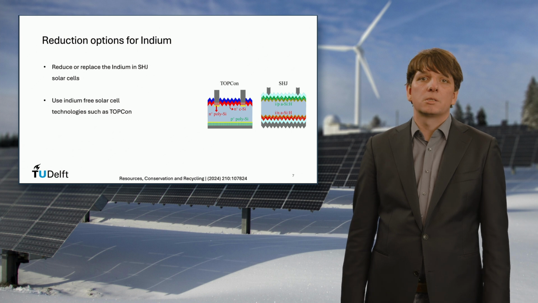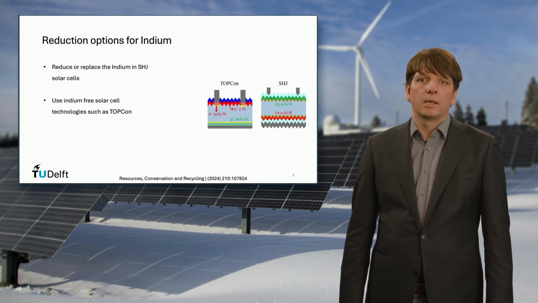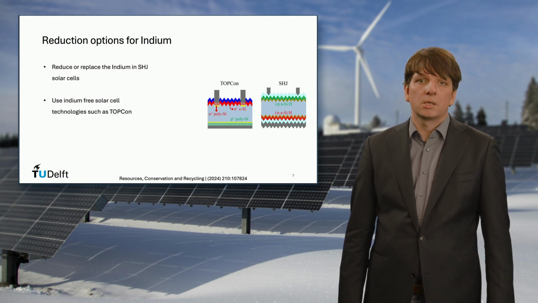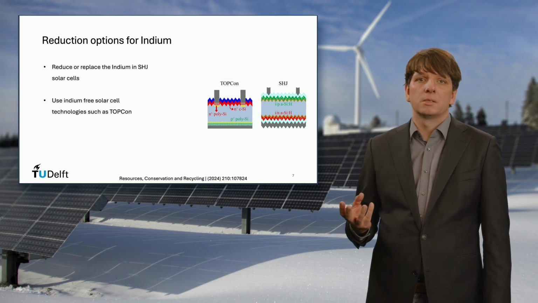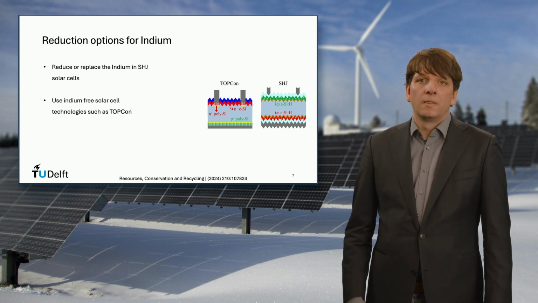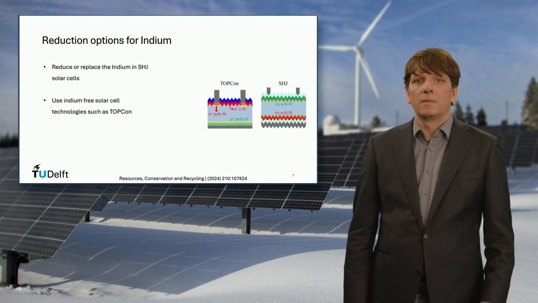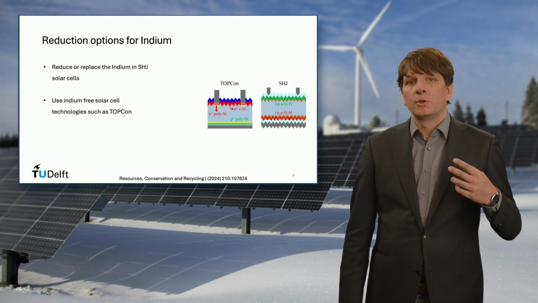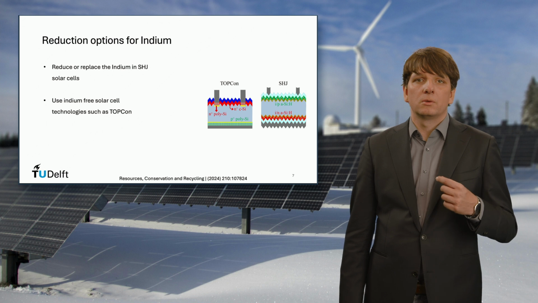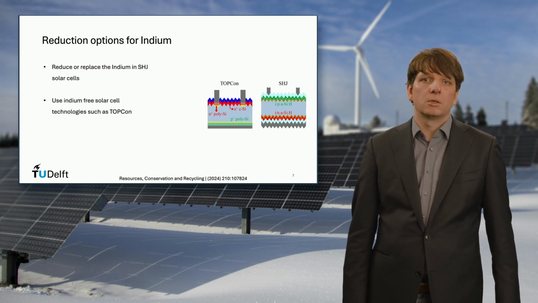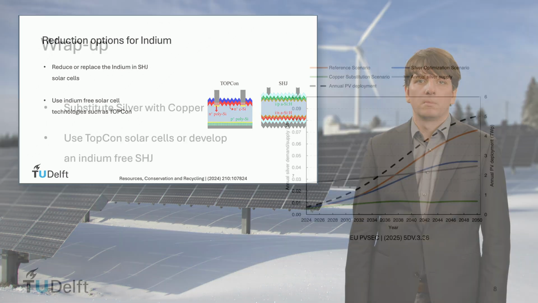Another option is to avoid the silicon heterojunction technologies and use TOPCon solar cells instead. These are indium-free by design. So this is an example of changing the design to avoid using certain materials such as indium.